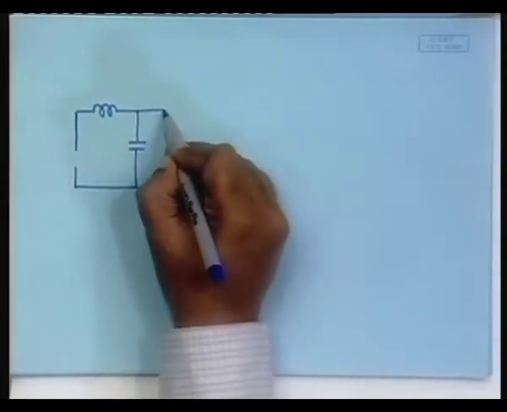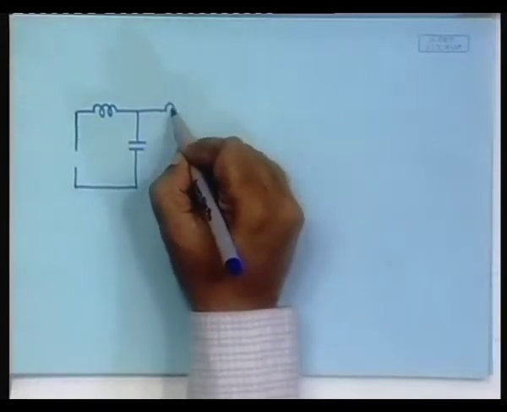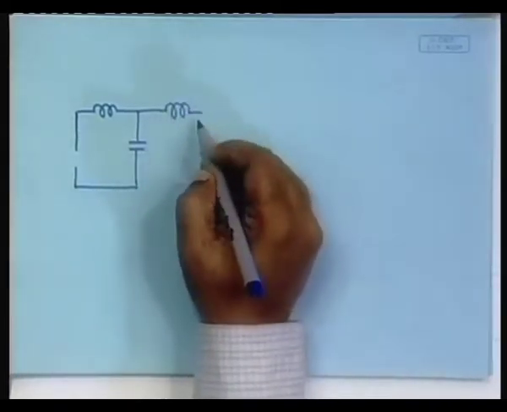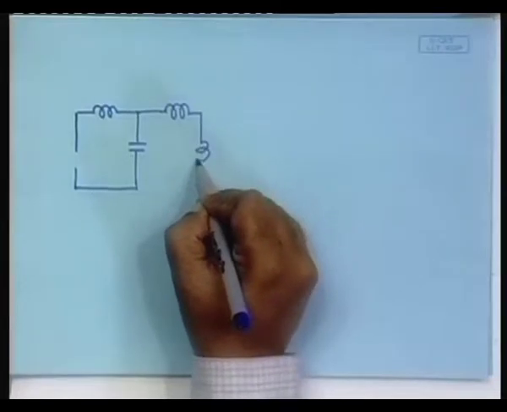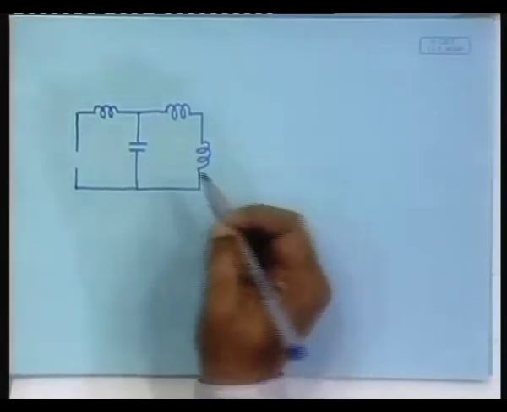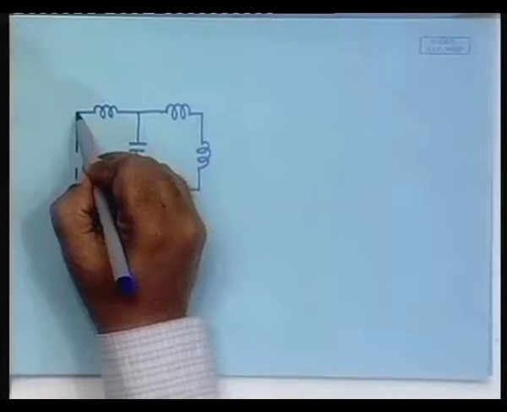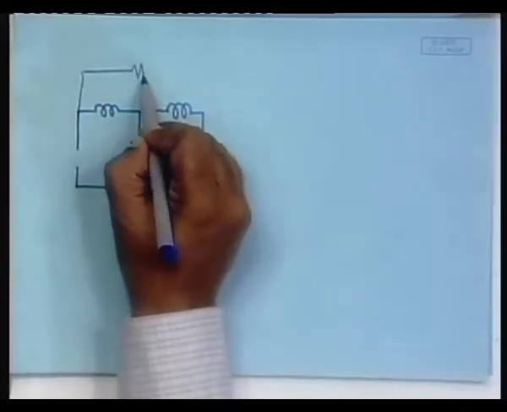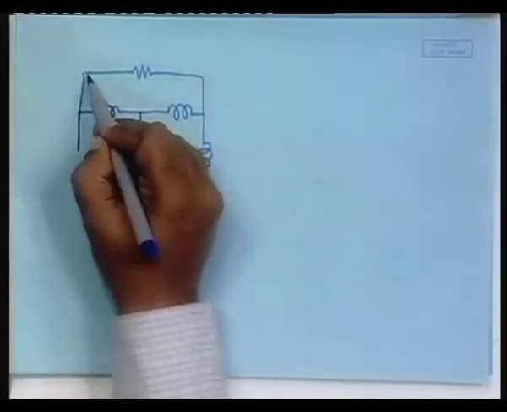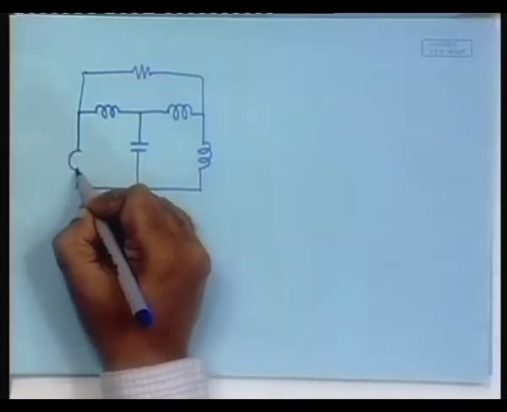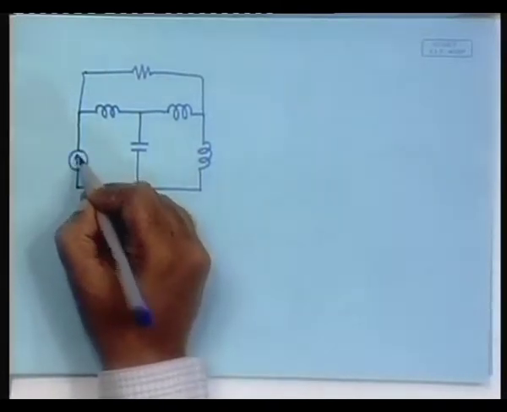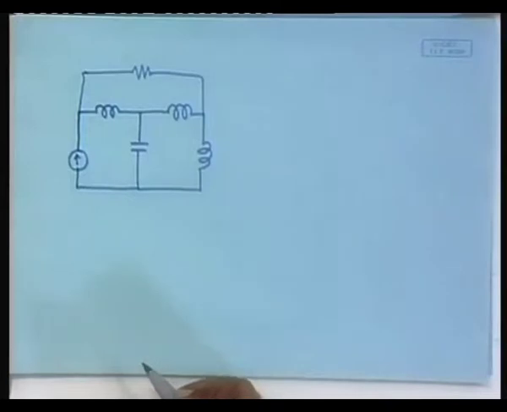Here in place of the resistor, let us substitute it by an inductor, here also by an inductor, and here also, here a resistor, and this one let us replace it by a current source, not a voltage source.